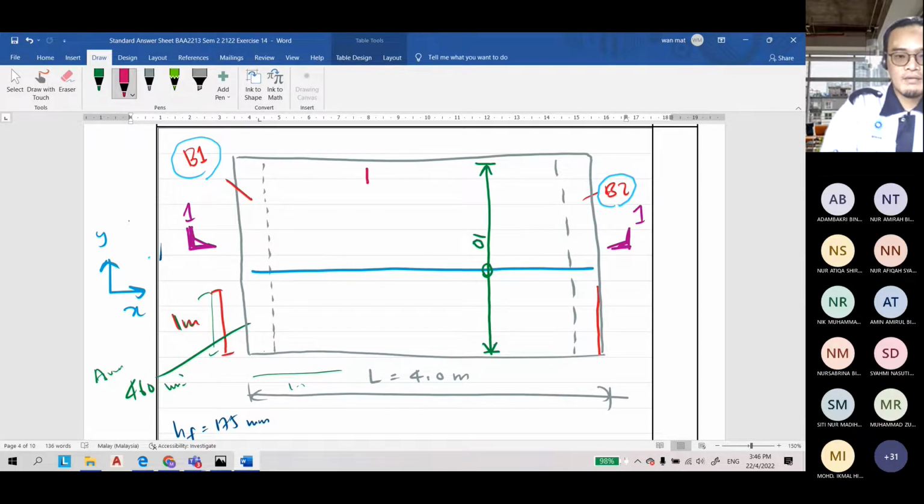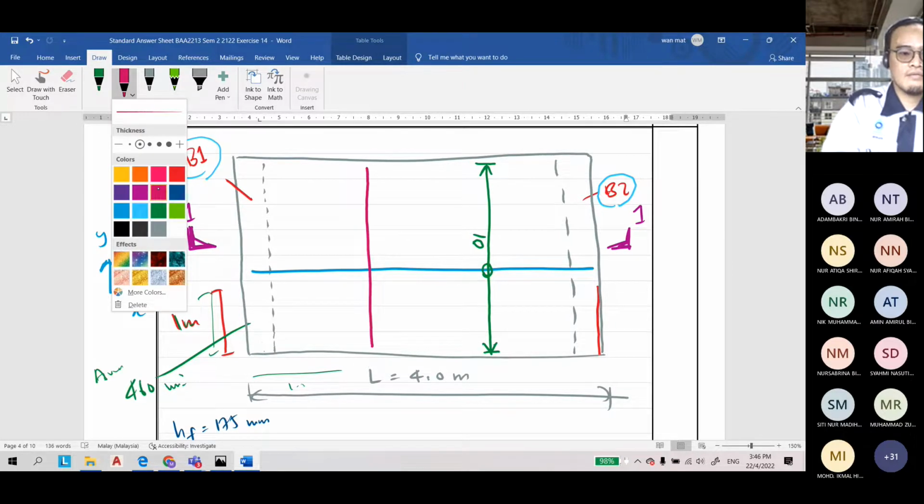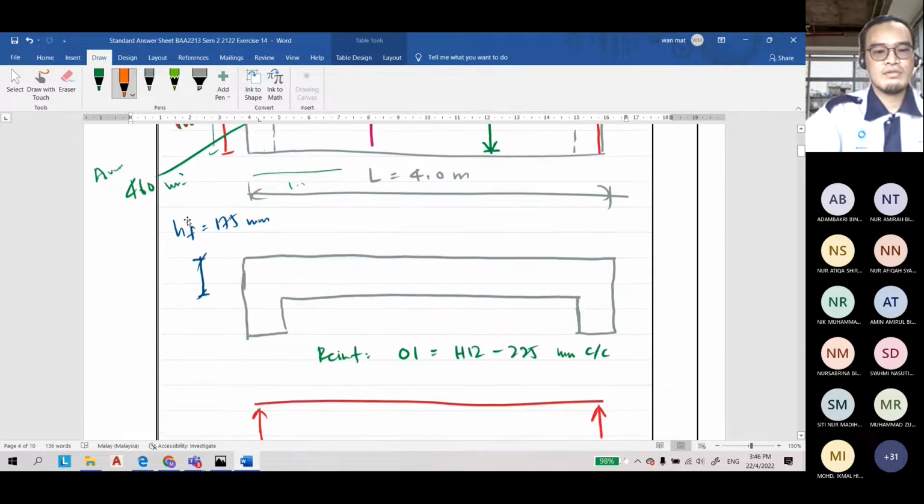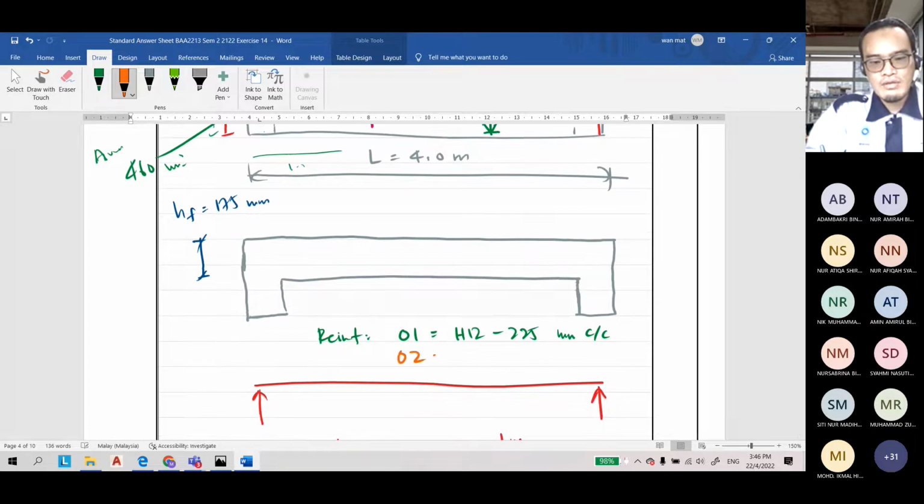This is your bar, 1 bar, and then let me use the orange color, from here to here, and you use the arrow, from end to end. This is 02, and you can write down the notes: 02 is equal to H12-450 mm center to center.